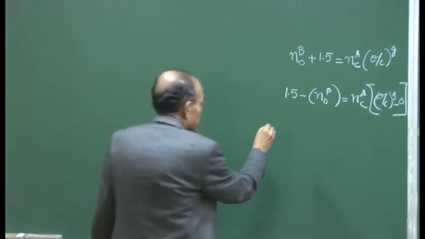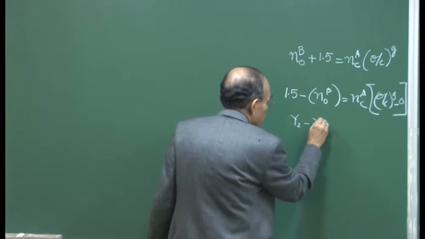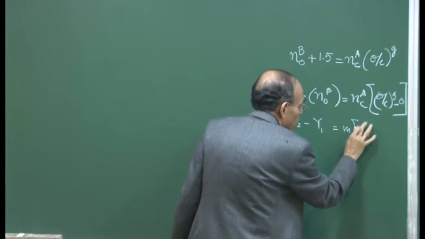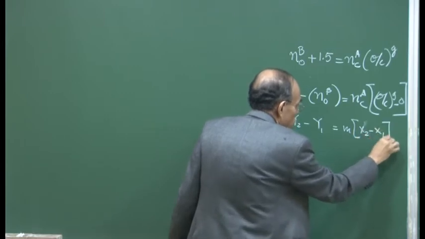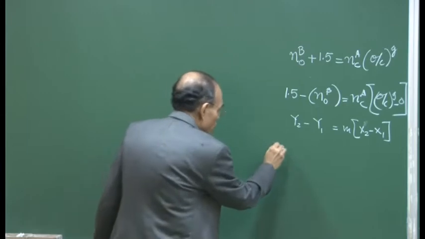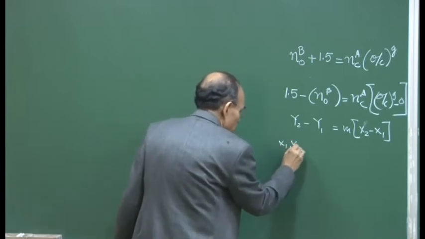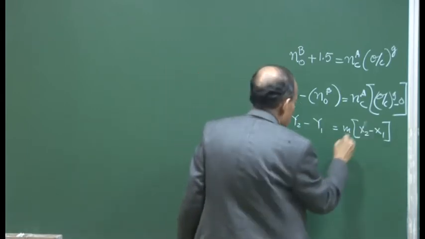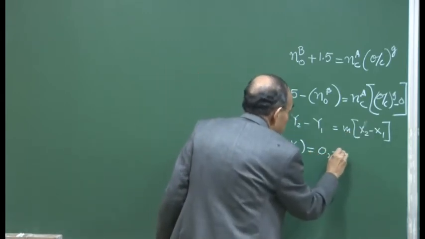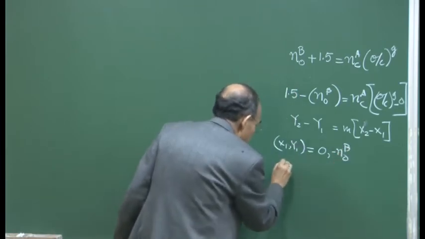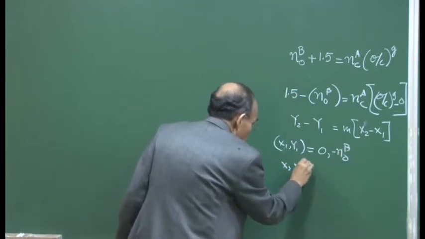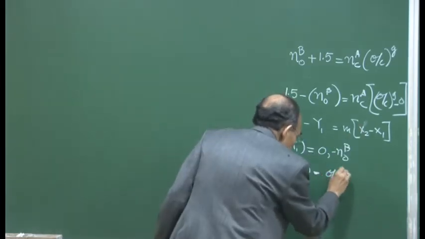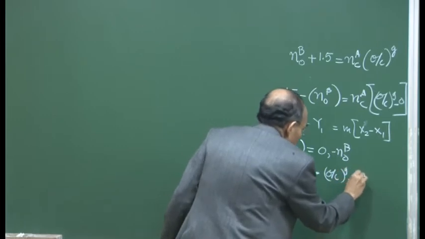So, we want to cast it in the form of y2 minus y1 is equal to m into x2 minus x1, where x1, y1 is going to be equal to 0 comma minus NOB, and x2, y2 is going to be equal to O by C gas comma 1.5.